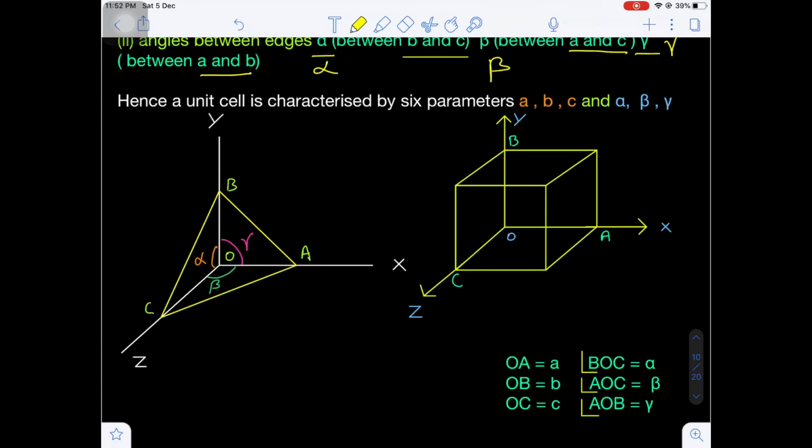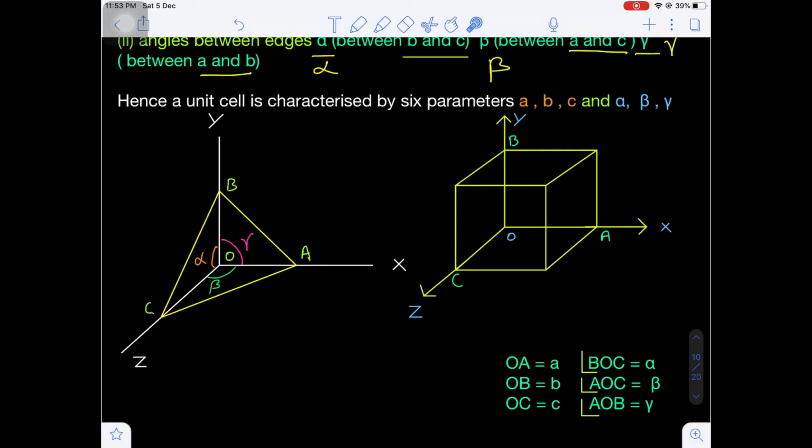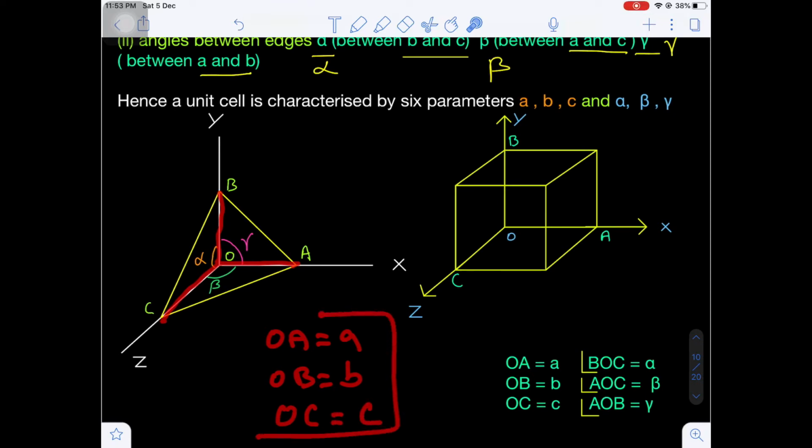Here there is a diagram given. In this diagram, imagine a crystal in three-dimensional space. It makes three intercepts: on the x-axis OA, on the y-axis OB, and on the z-axis OC. The OA distance I am taking as small a, OB distance as small b, and OC distance as small c. Yes or no?